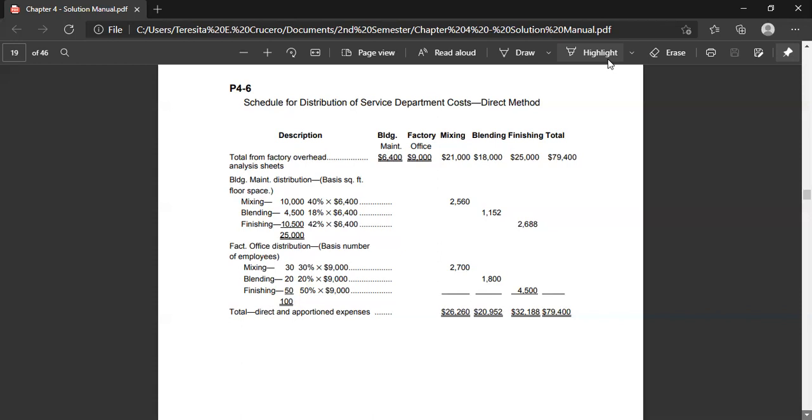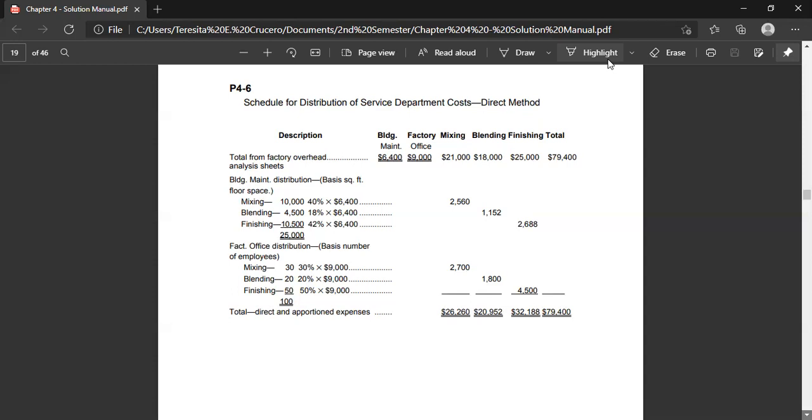So we have 30 over 100, that means 30%. 30% multiplied by the cost incurred by the factory office of 9,000, so you get 2,700. For blending, 20% times 9,000, or 1,800. Finishing, 50% multiplied by 9,000 or 4,500.